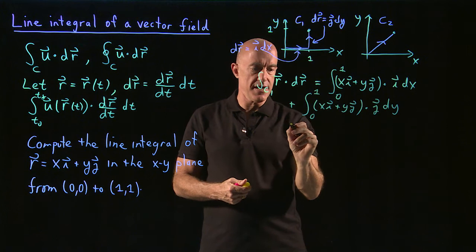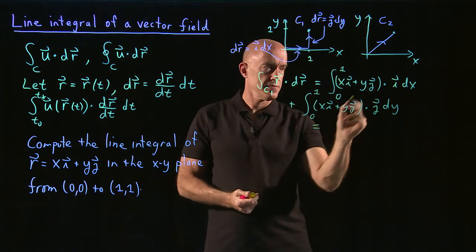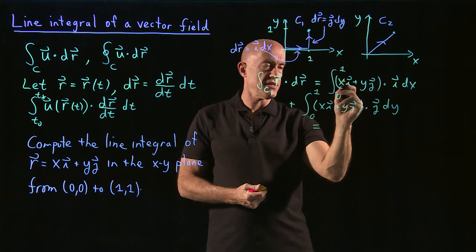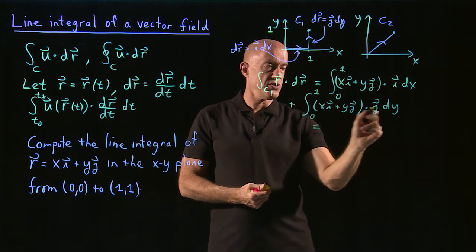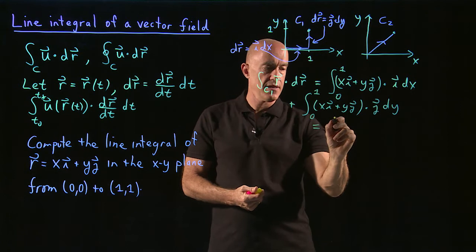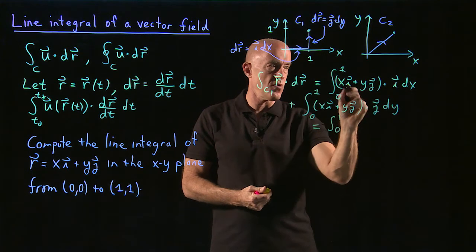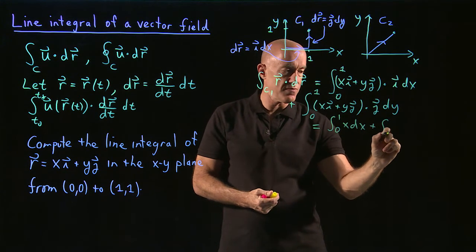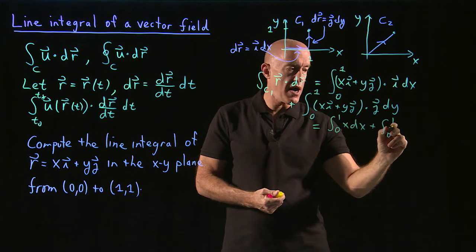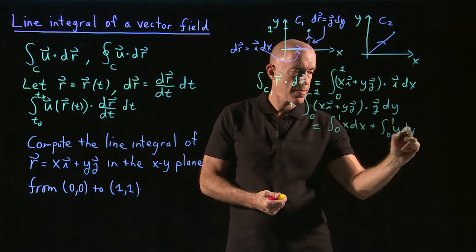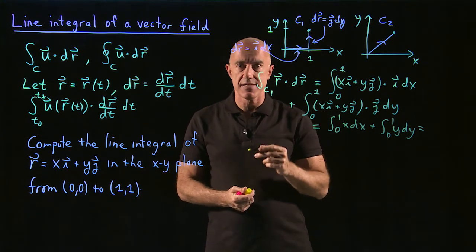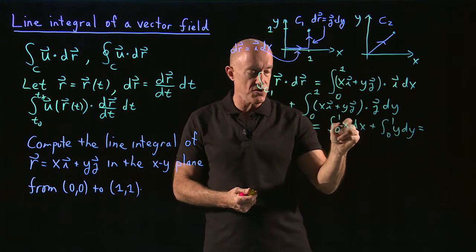So this is two integrals. The dot into i just gives us x. The dot into j just gives us y. So it's the integral from 0 to 1 of x dx plus the integral from 0 to 1 of y dy. The integral of x is x squared divided by 2.